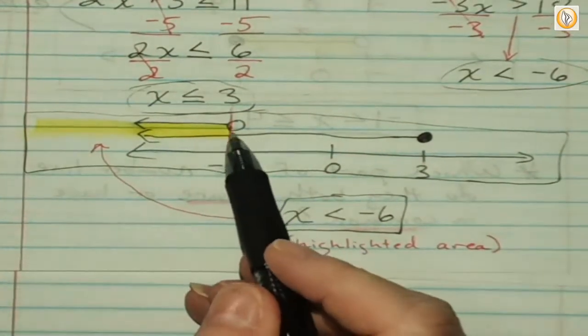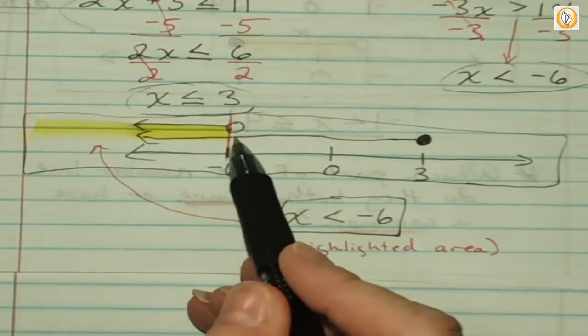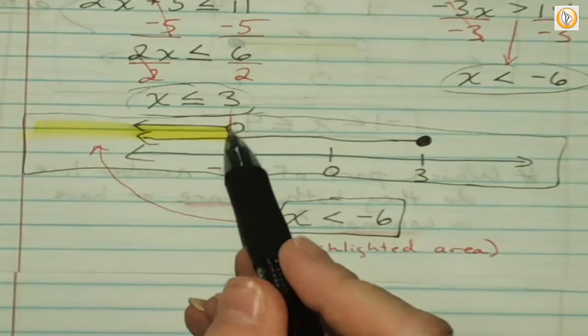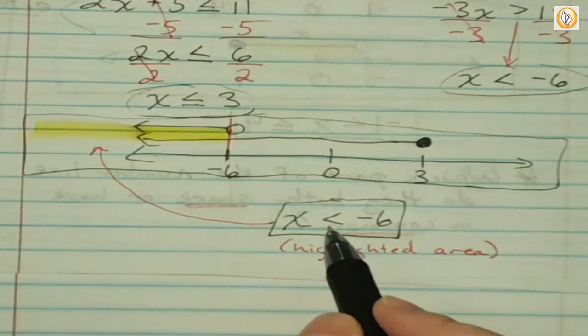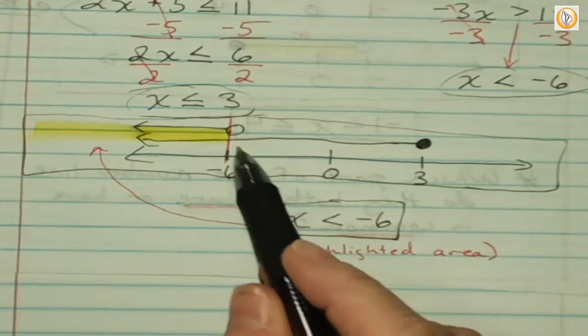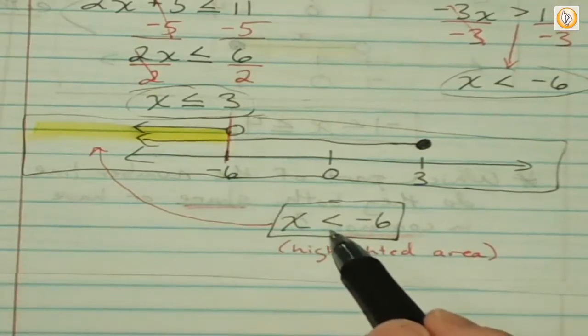Because this one did not include negative 6, even though this one right here included negative 6. So they both have to include negative 6 to be able to say less than or equal to. But since only one did and this one did not, we don't say "equal to."